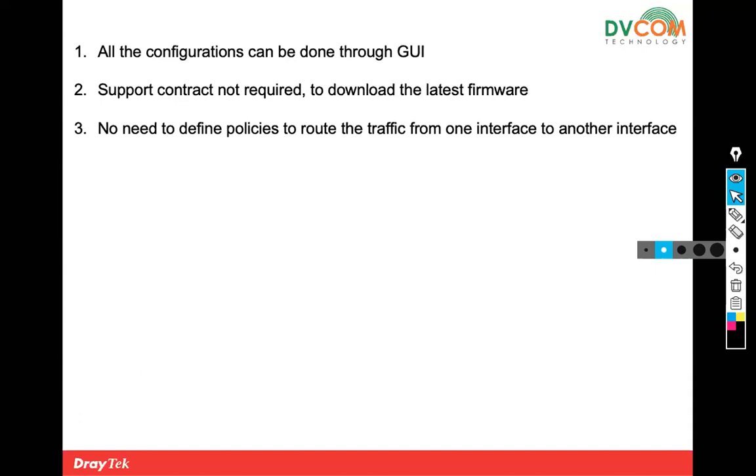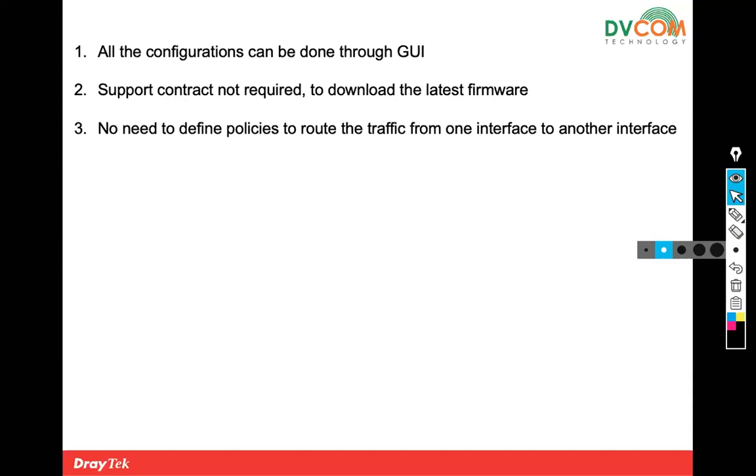After terminating LAN and WAN, you need to write certain rules, certain policies. Once you write the policy from LAN to WAN, only then does the traffic go from LAN to WAN. But in DrayTek, once you connect the LAN interface to your local network and the WAN interface directly to the internet, you automatically get internet. You don't need to write any other policies.